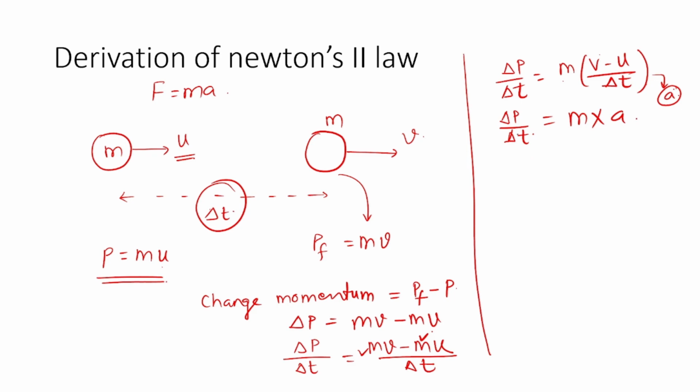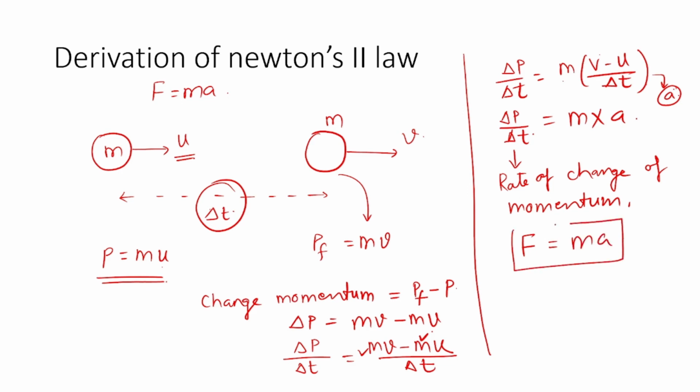And this delta p by delta t is called the rate of change of momentum. Let's write this rate of change of momentum as F. Then we will get F is equal to ma. And this is how we get the formula of Newton's second law.